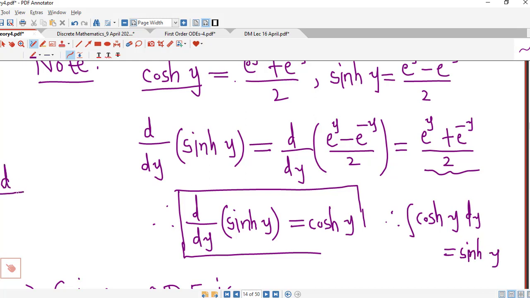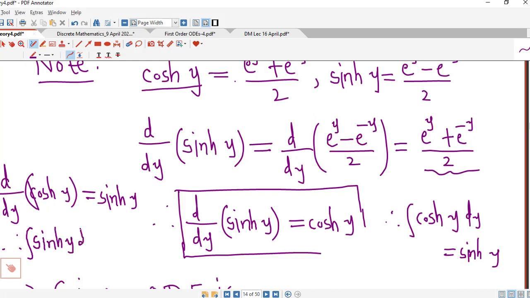Similarly, we can show that the derivative of cosh y is sinh y. Therefore the integral of sinh y is cosh y.